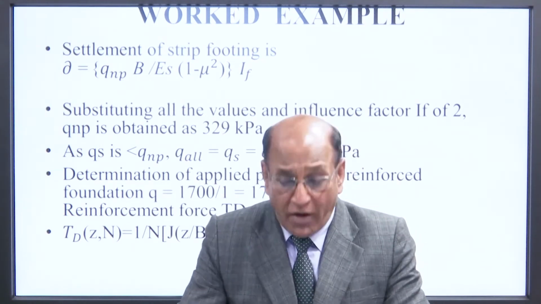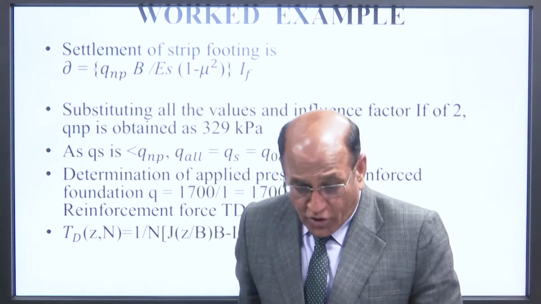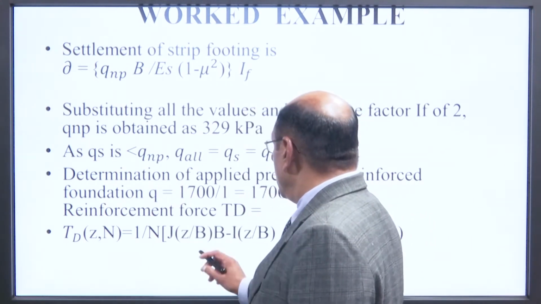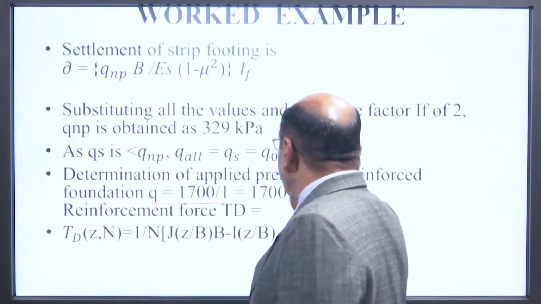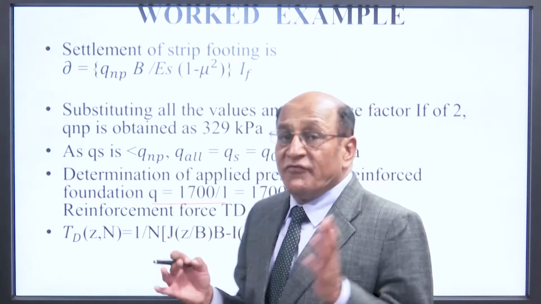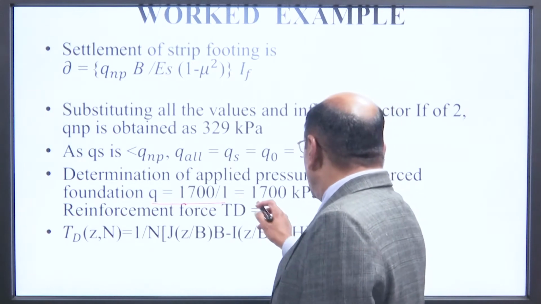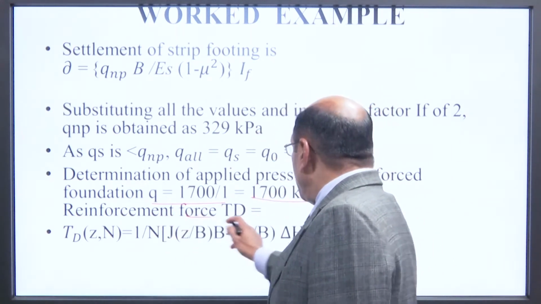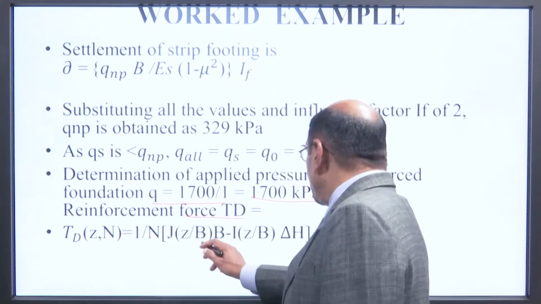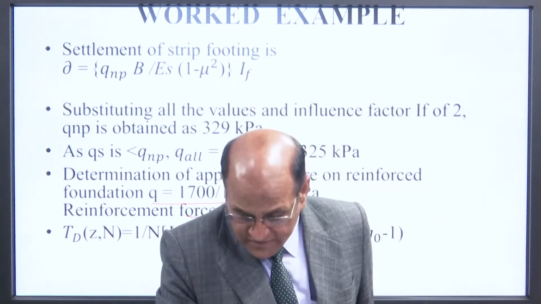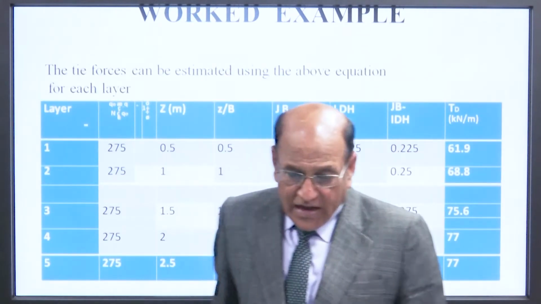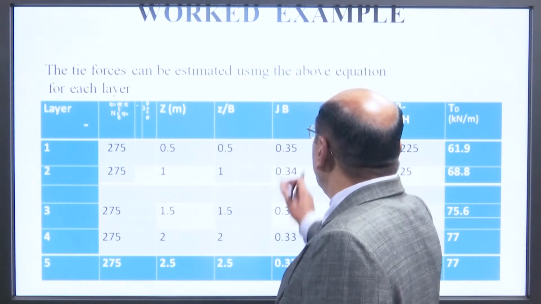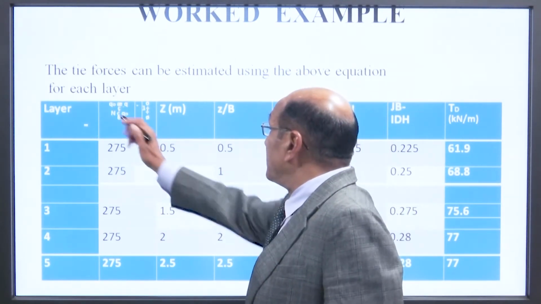So, determination of applied pressure on the reinforcement: q will be equal to 1700 divided by 1, the width that we have considered, that is 1700 kilopascal. The reinforcement force will be TD, which is given by this equation, and the tie force can be estimated using the above equation for each layer.